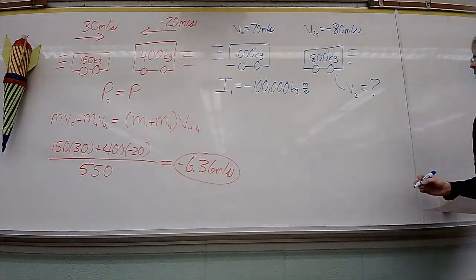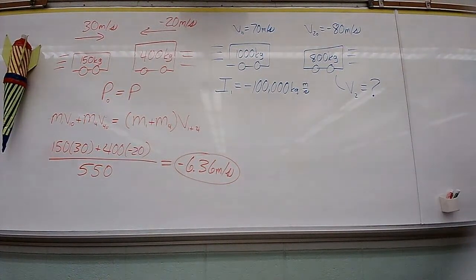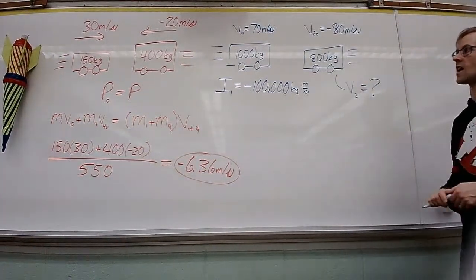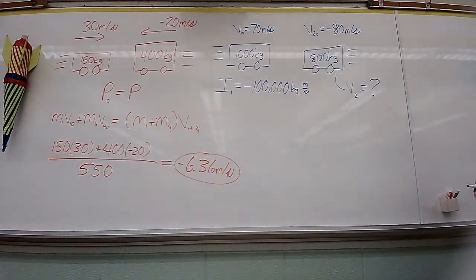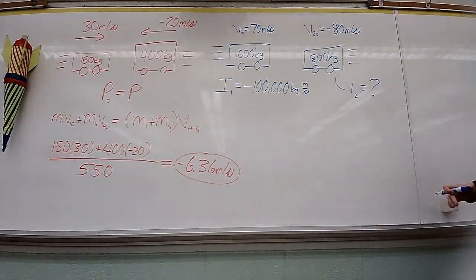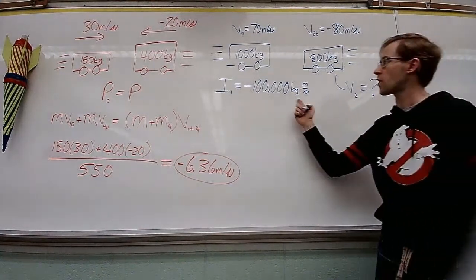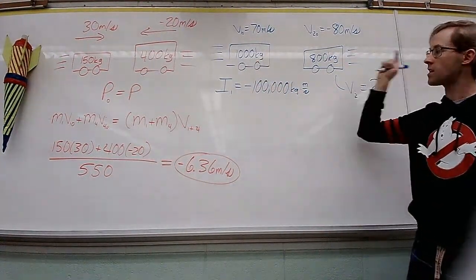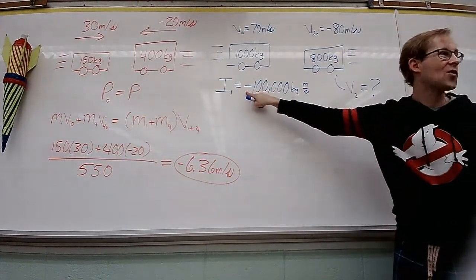So let's go ahead and run that calculation here. These objects are bouncing off of each other. This is an elastic collision. So what I got to do is I have to use my elastic collision equation, but I do already know the impulse of this object here. And if I know this impulse, what else do I know?